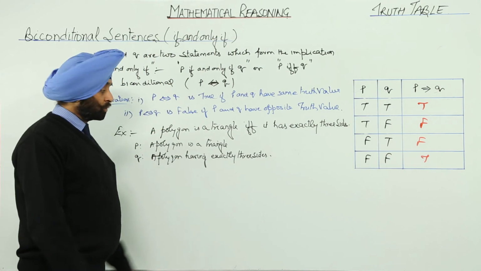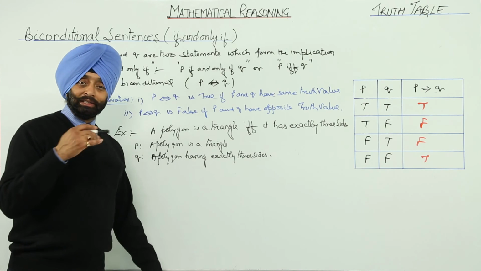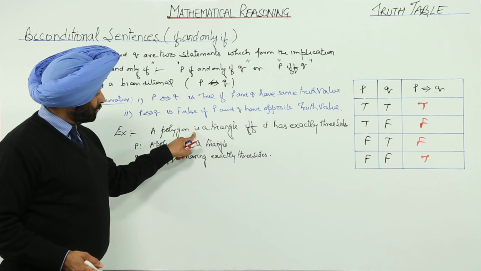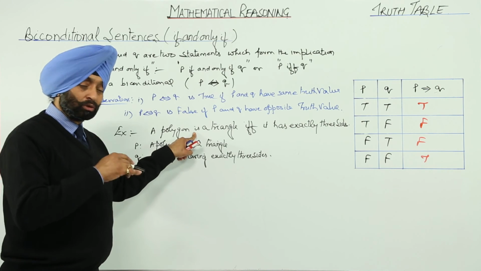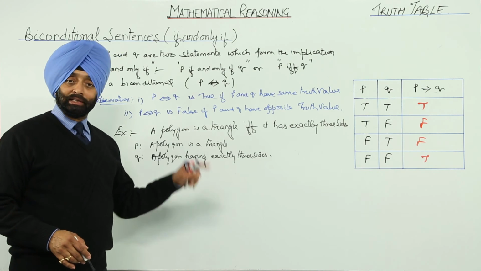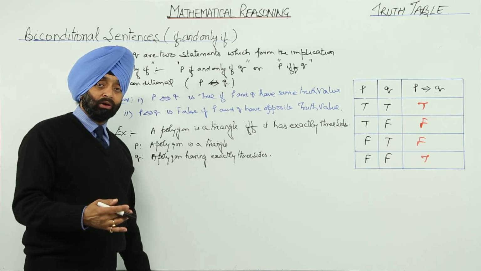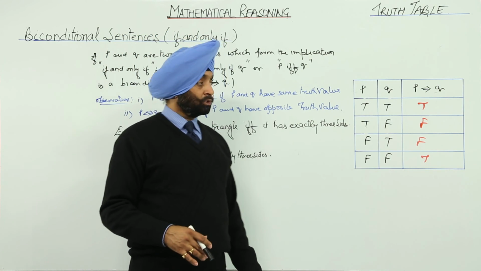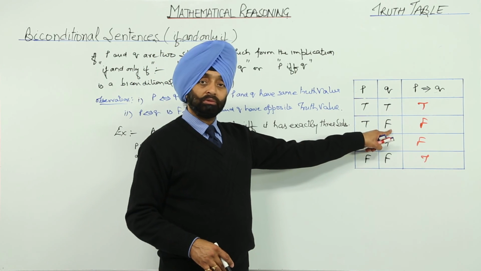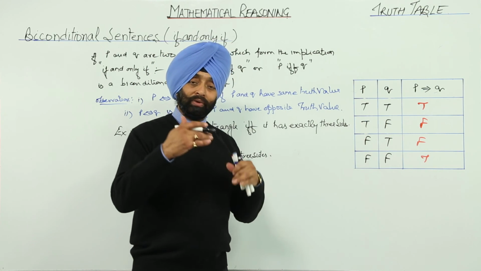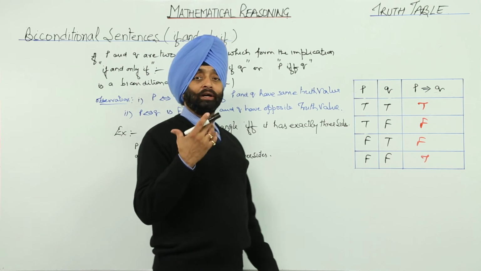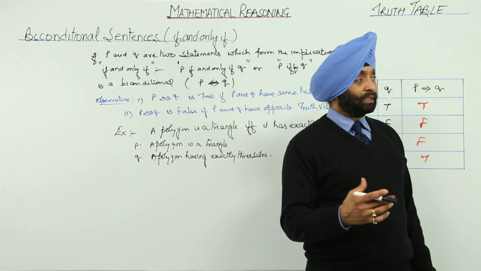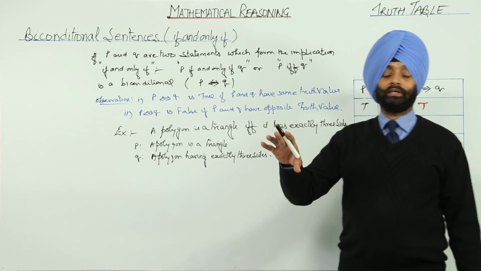Now, this is row 2: a polygon is a triangle if and only if it has 4 sides. So it means this is wrong. So when any one among the two has a false truth value, then the whole sentence is false.